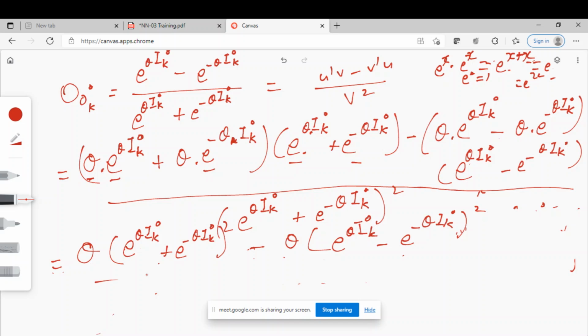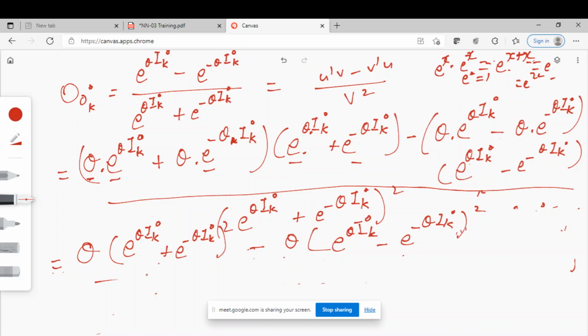Okay. Now coming to our numerator part, our numerator part is of the form a square minus b square. Are you getting? This part you can treat as a square and this part you can treat as b square.